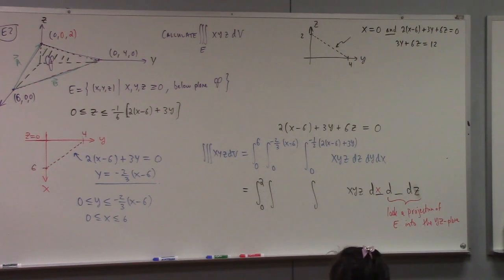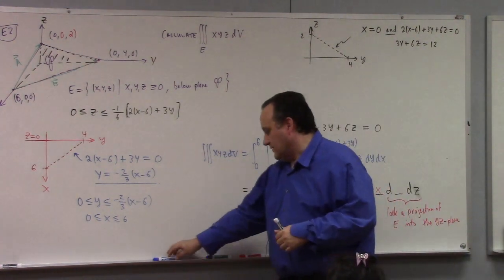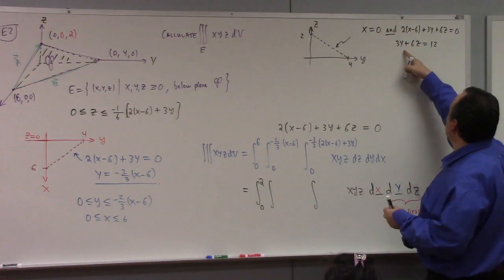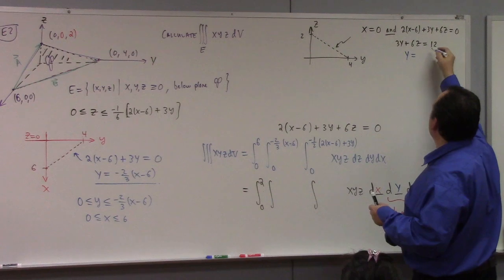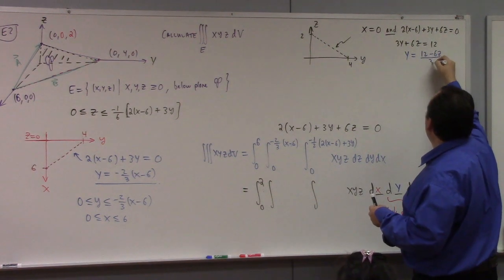Now, you chose y to be this one, right? So y is the one that we need to look at here. So y is equal to 12 minus 6z over 3.